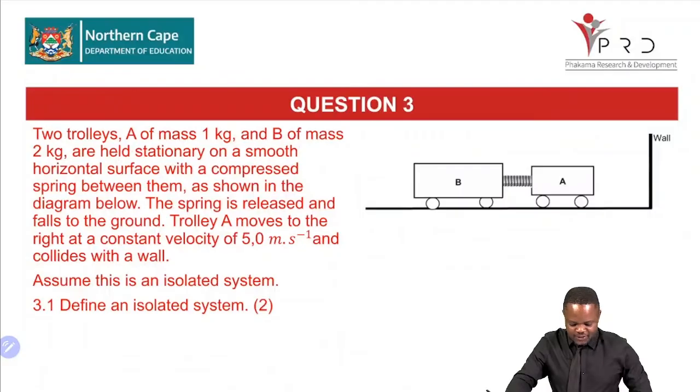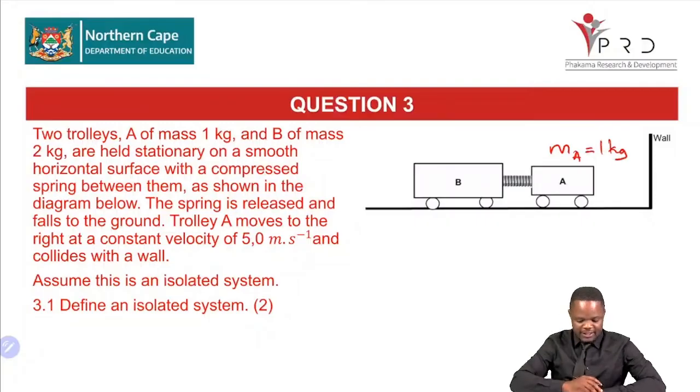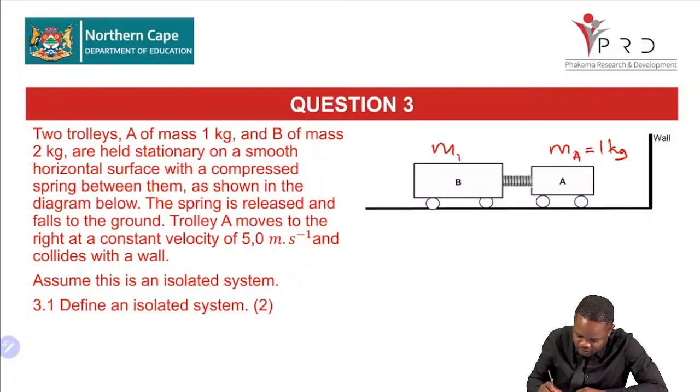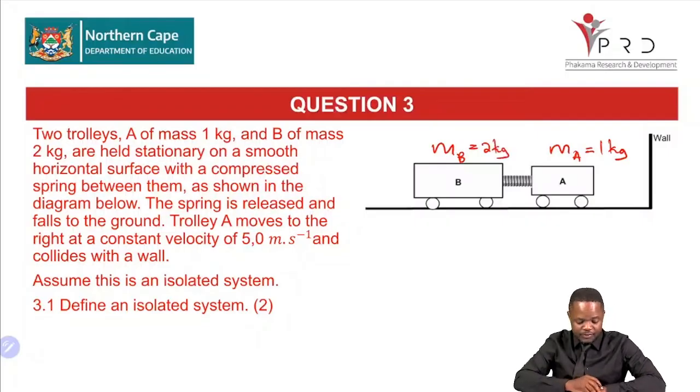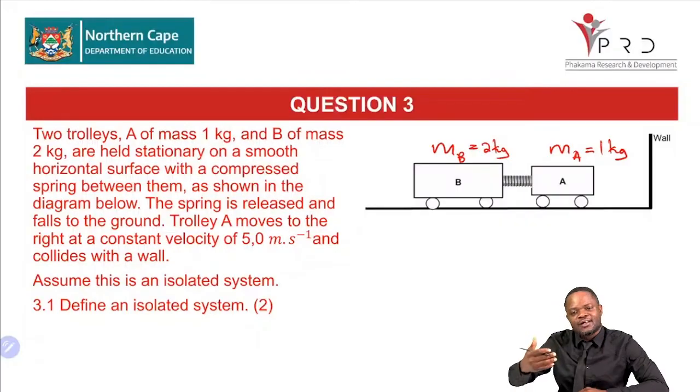We have trolleys there. This is our A, so we know that m_A is equal to 1 kilogram. And then B of mass 2 kilograms, so we know m_B is equal to 2 kilograms. They are held stationary. If they are held stationary, what does that tell us? Be picking up your data from the question.